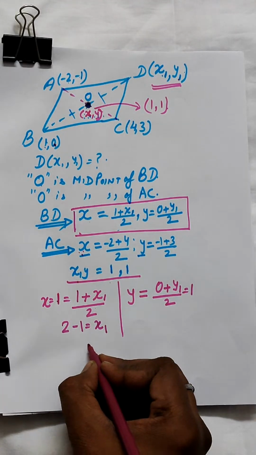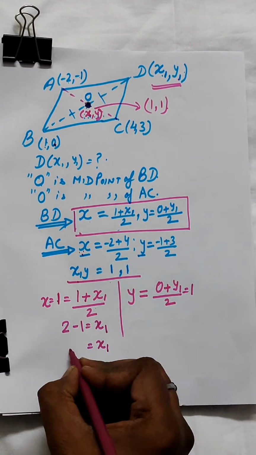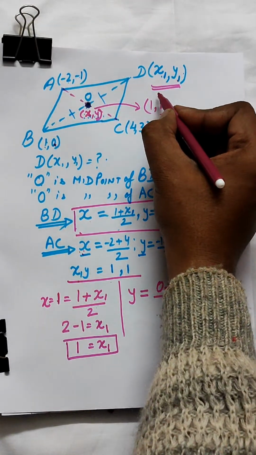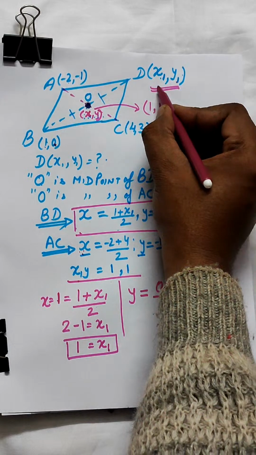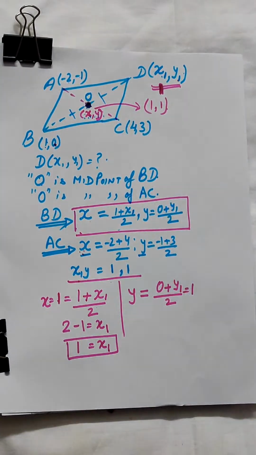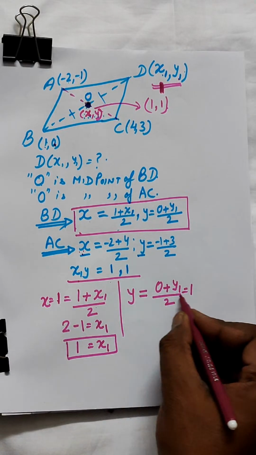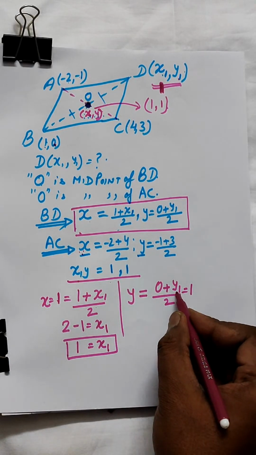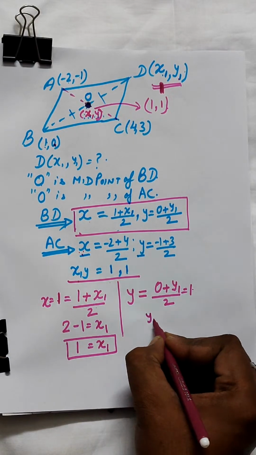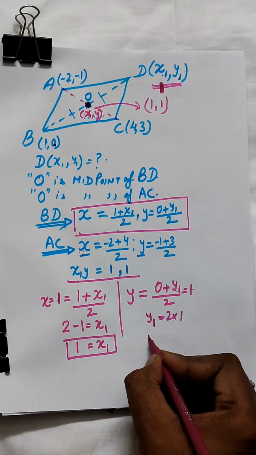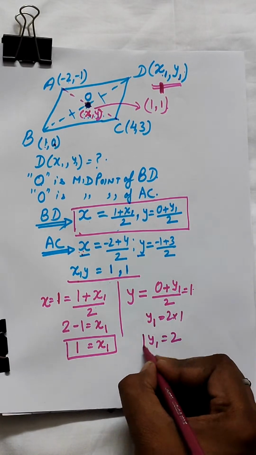This will give the value of x1 as 1. And for y, do the calculation of this simple equation: y1 is 2 into 1, so y1 is 2.